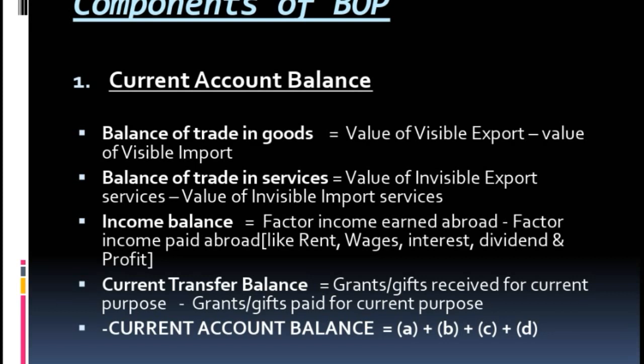If the sum total of these four elements becomes negative, it means the current account is a deficit. Sometimes the figure will become 0, which means the current account is balanced.